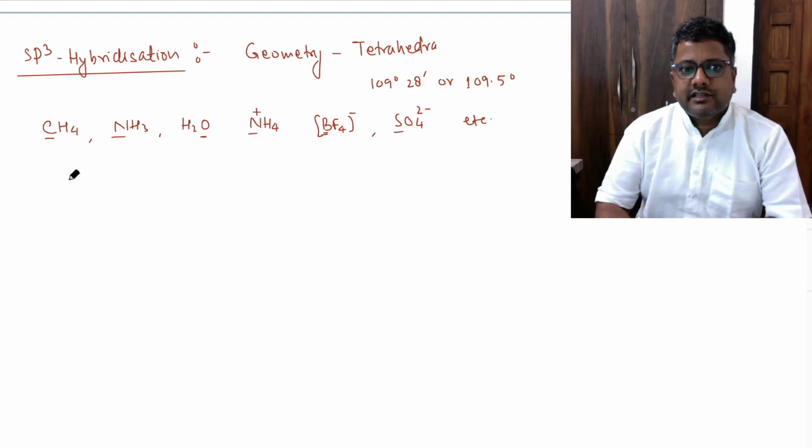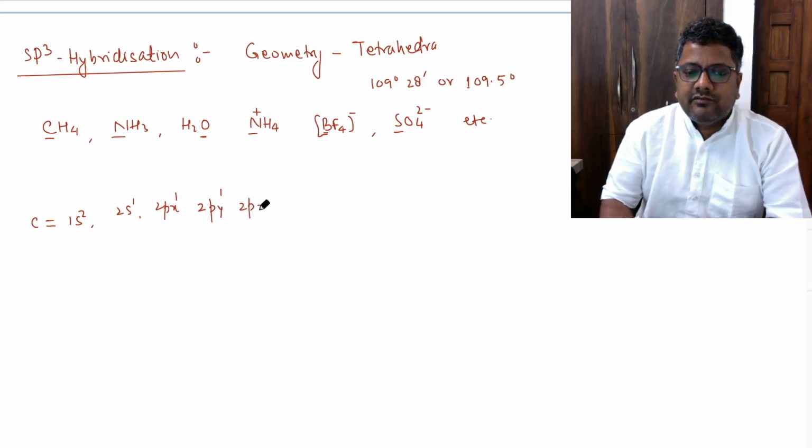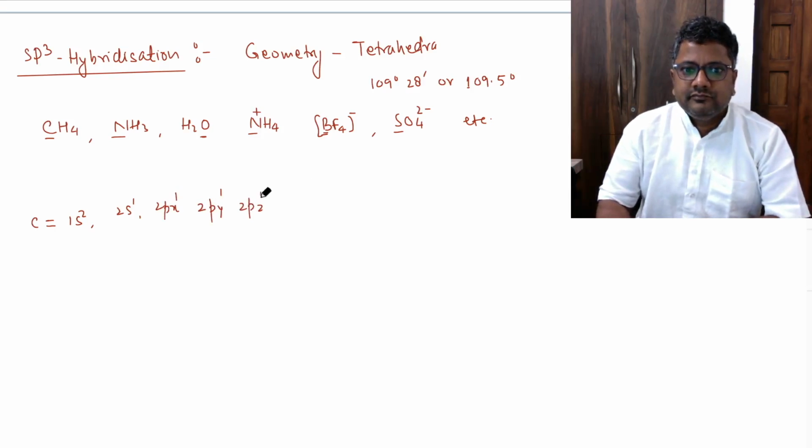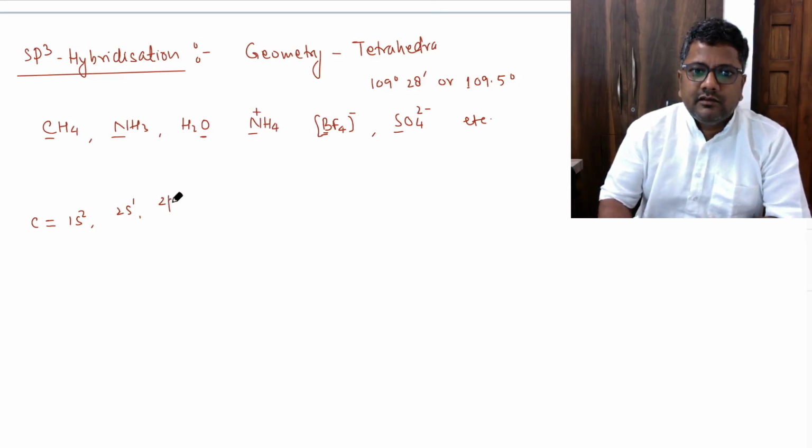So see this, if we consider methane, carbon has configuration 1s2, 2s1, 2px1, 2py1, 2pz1. This is the excited state electronic configuration.